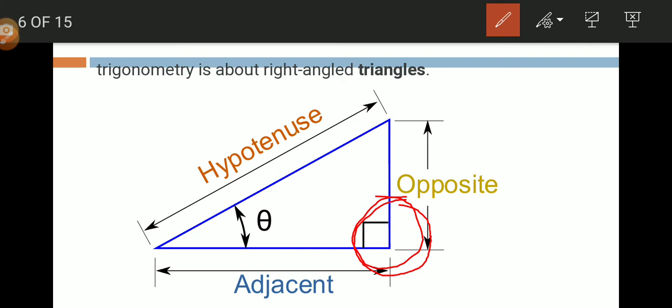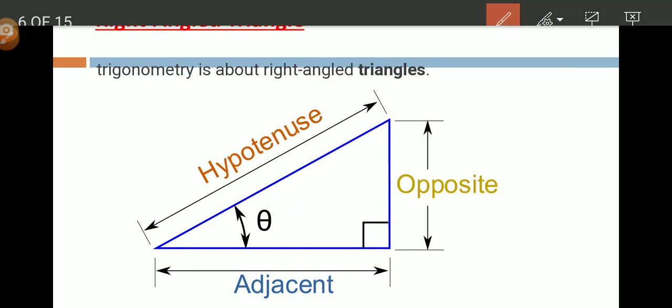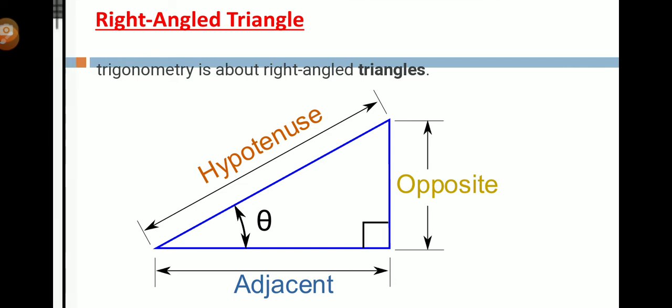The other angle we notice here is theta.